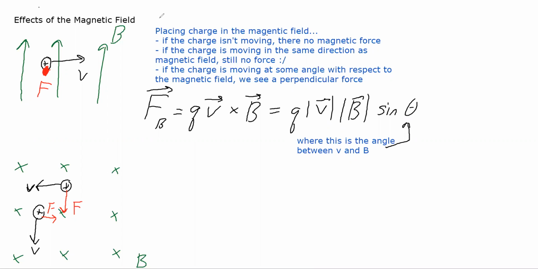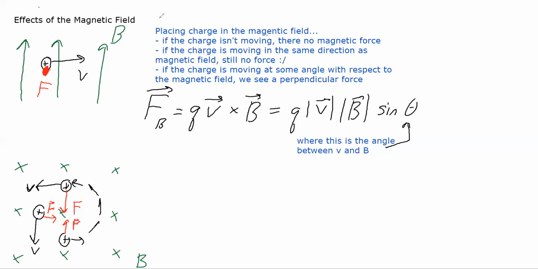And so if you see what this force is going to do, if it's always going to be 90 degrees to your velocity, what we get is that this charge is just going to be moving in that circular motion there. Force being always towards the center. What else does that look familiar to?